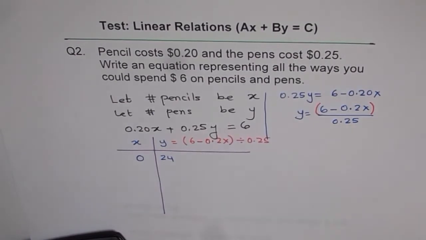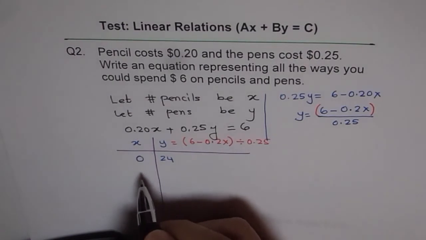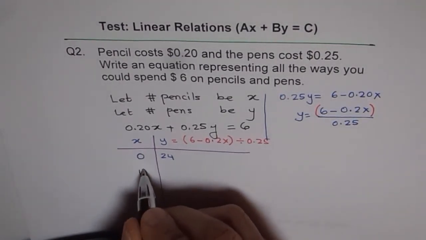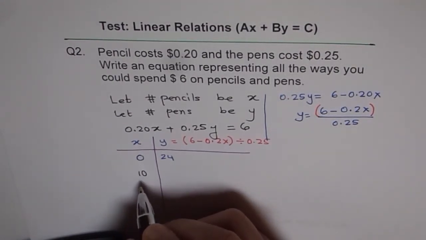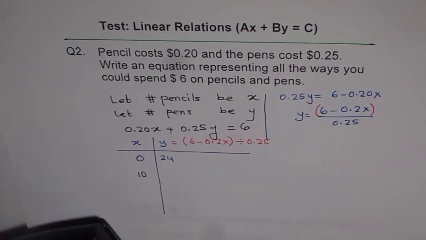Do this calculation with the calculator and get all different values of y. If we have x as, let us say, 10, randomly taking some values, then y is (6 minus 0.2 times 10) divided by 0.25, which equals 16.